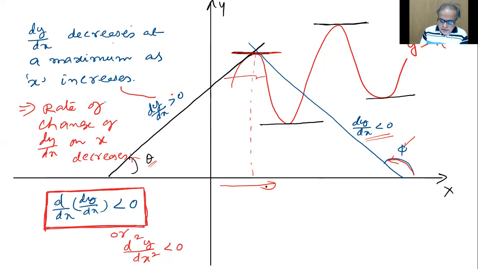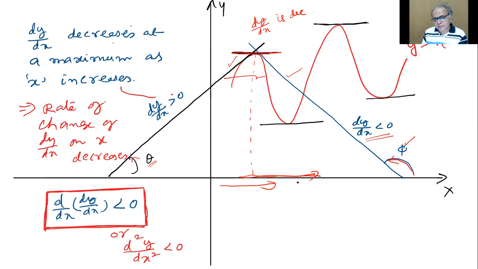As we keep moving along the positive x-axis and cross a maximum, we go from a positive slope to a 0 slope to a negative slope. Do you follow? A positive slope to a 0 slope to a negative slope. In other words, dy by dx is decreasing as x is increasing.